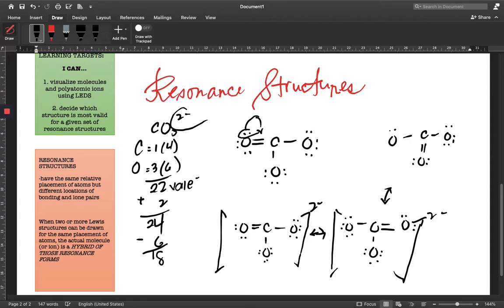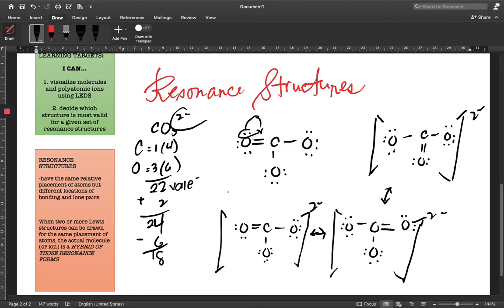Right? 1, 2, 3, 4, 5, 6. And then enclose it in a bracket, 2 minus. So there you have it, the 3 possible correct LEDs of the carbonate ion.